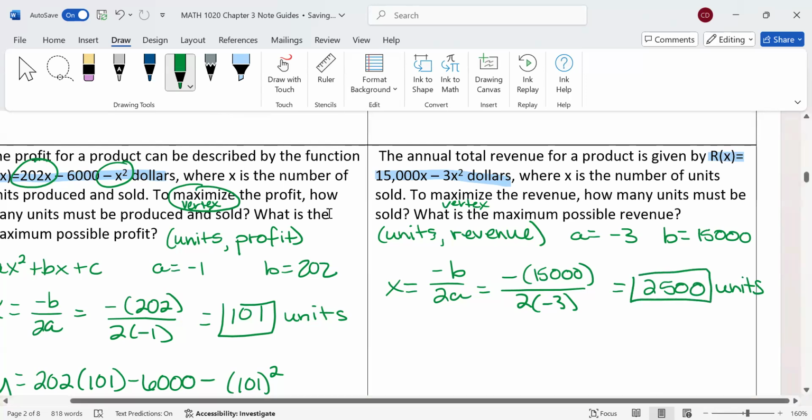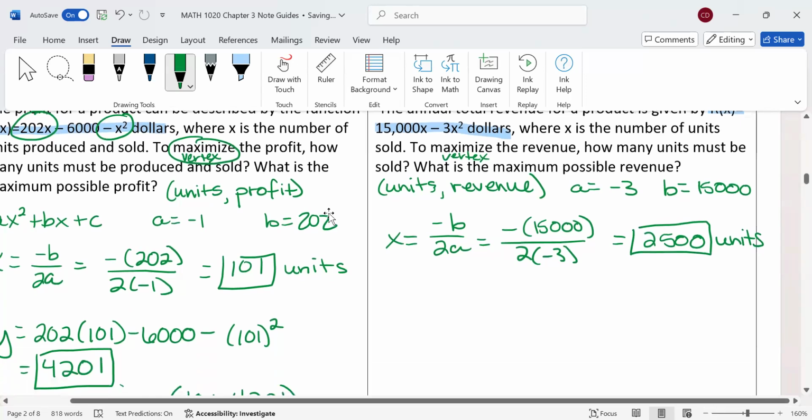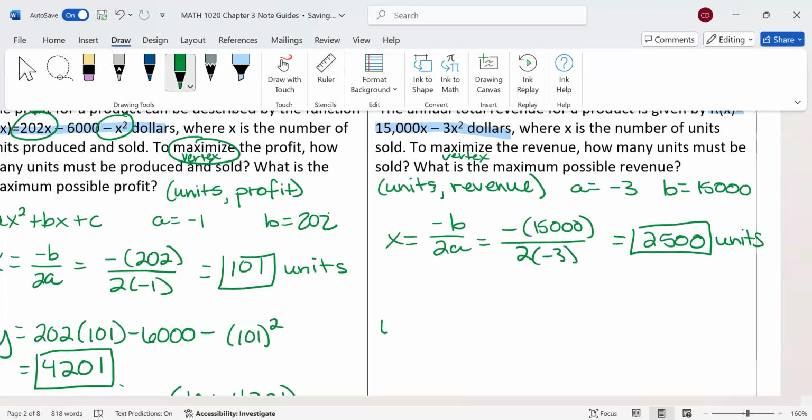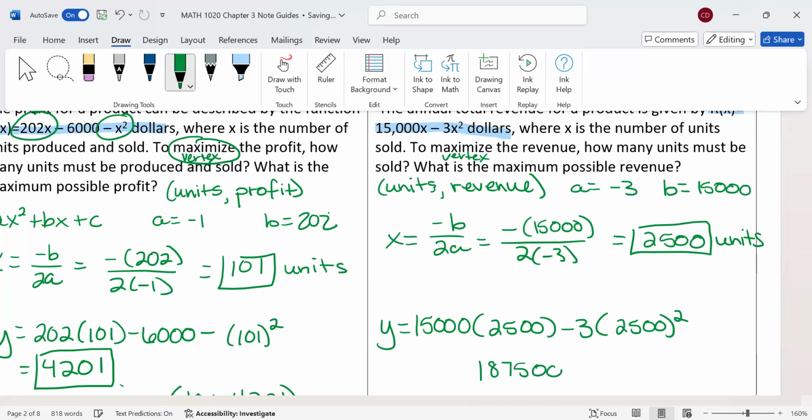Again, if we know the x value to find the corresponding y value, we're just going to plug it in. And that is the maximum revenue.